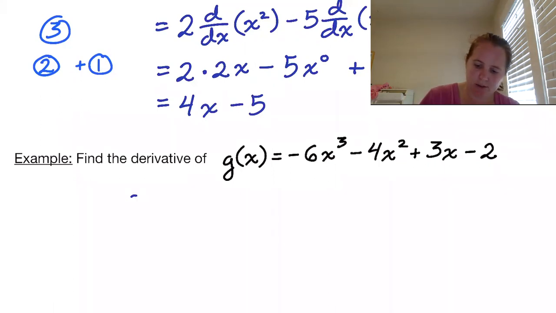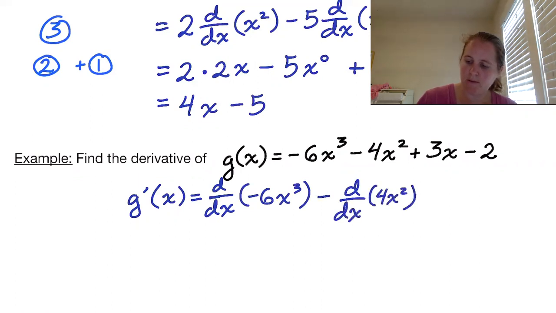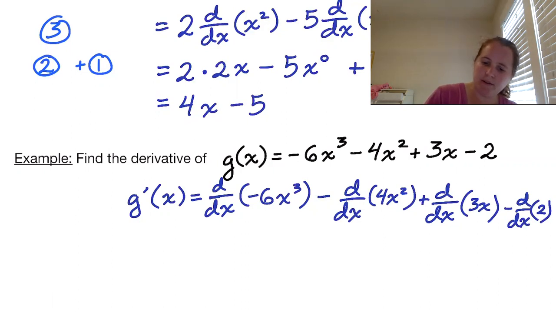So we have g prime of x is equal to the derivative of negative 6x cubed minus the derivative of 4x squared plus the derivative of 3x minus the derivative of 2. So that again was using rule 4.